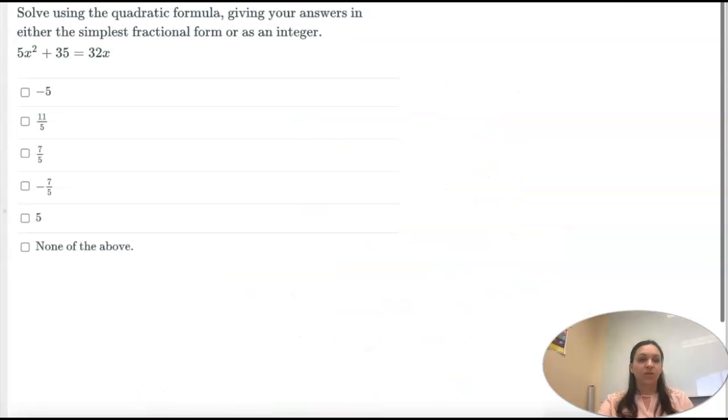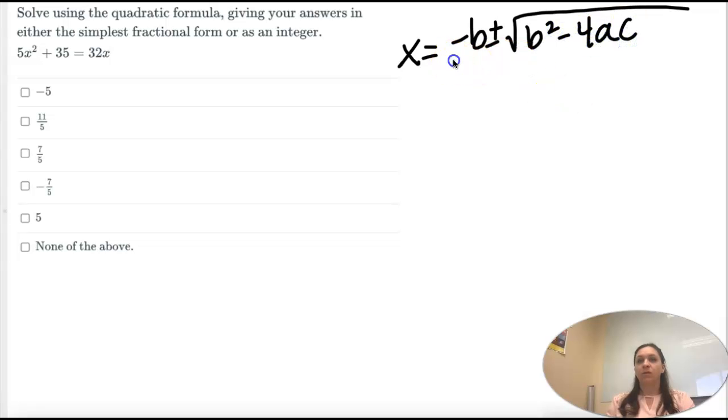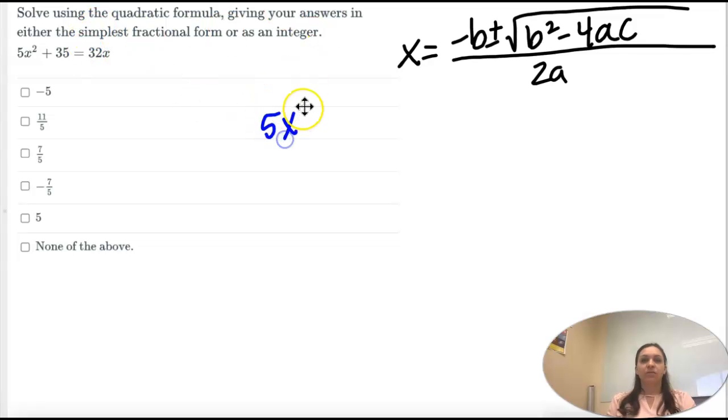Okay, so let's do one more. And it's the same thing. We're going to use the quadratic formula. So I'm going to write the quadratic formula. And then we need to identify A, B, and C from our equation. But just like last time, we have to have it equal to 0.